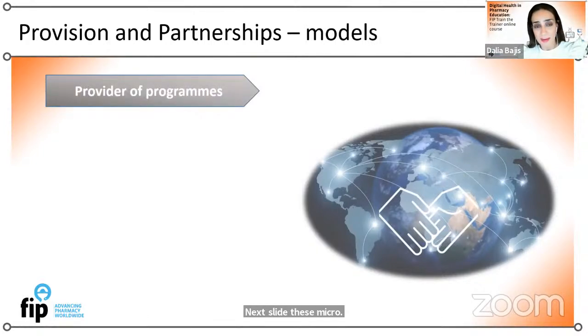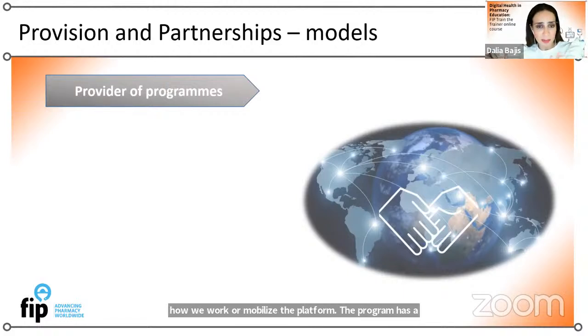In the interest of time, I will only highlight to you how we work or mobilize the platform. The program has a wide and dynamic scope, and it encompasses several models by which FIP can work with members and partners. And so I would just mention in listing the different models and how we can facilitate these partnerships with providers.